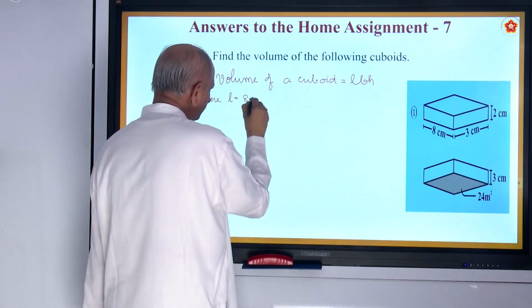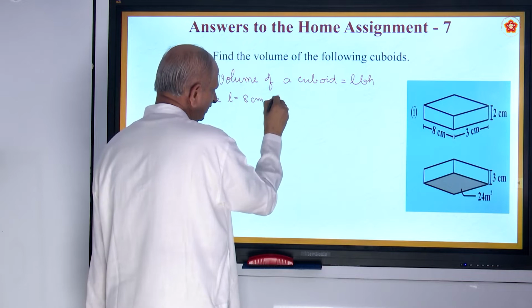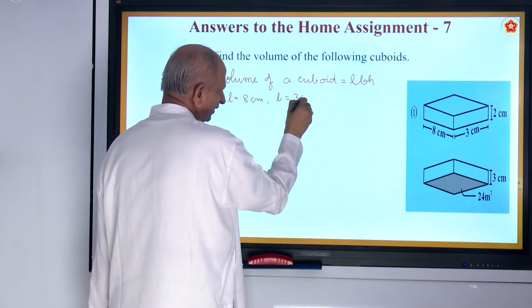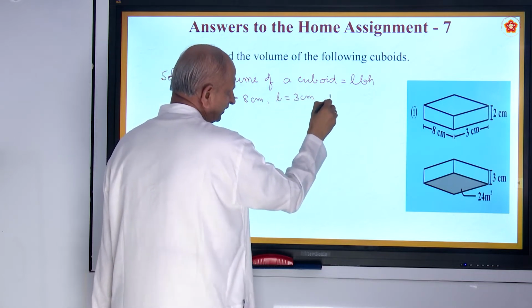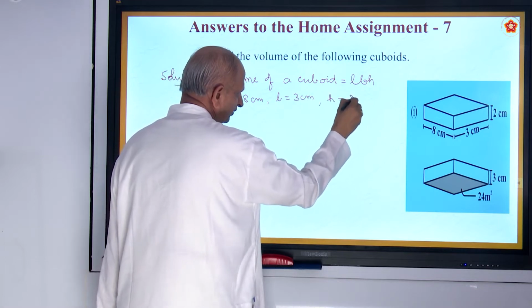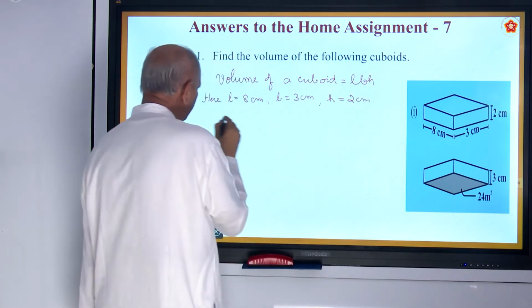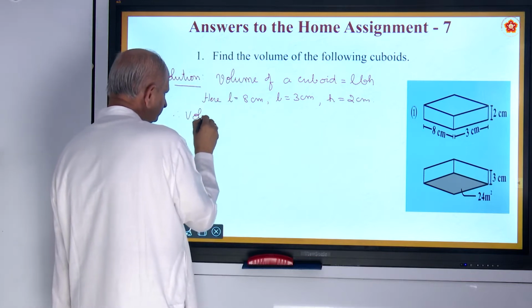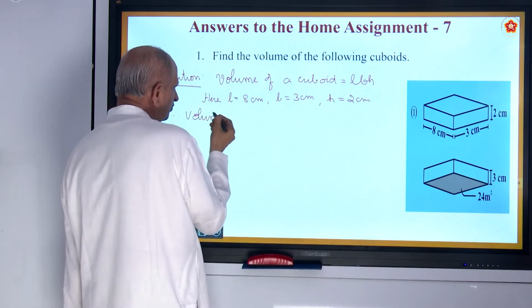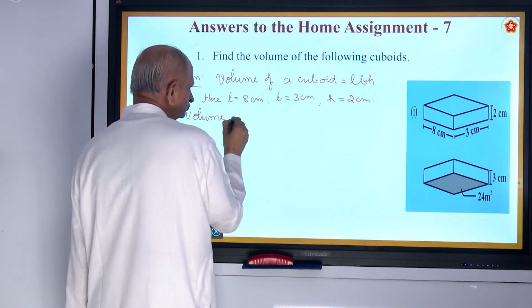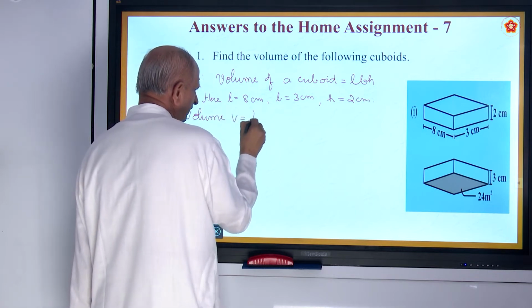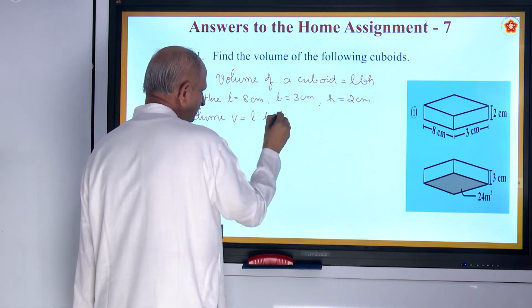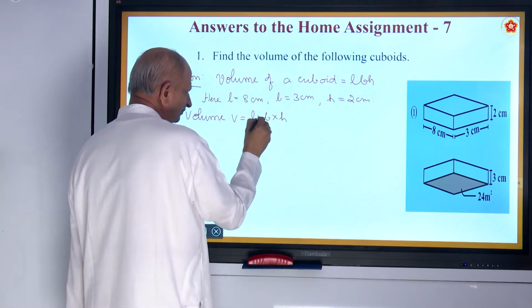We call it length 8. Breadth is 3 centimeters. And height is 2 centimeters. So volume becomes V is equal to LBH.